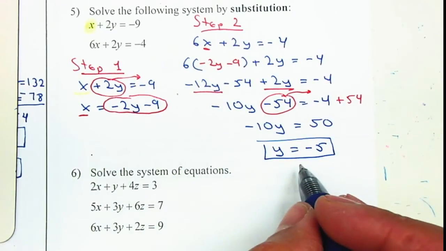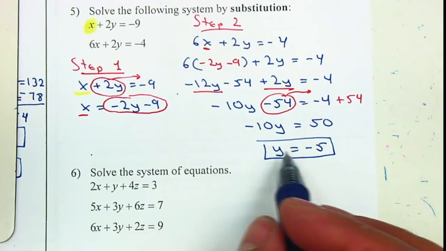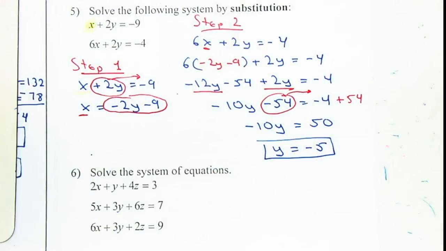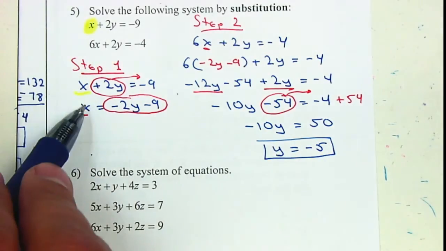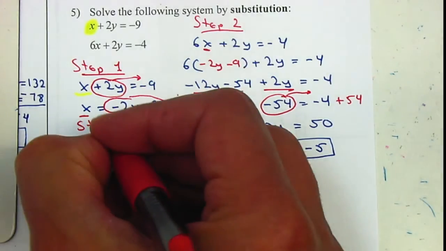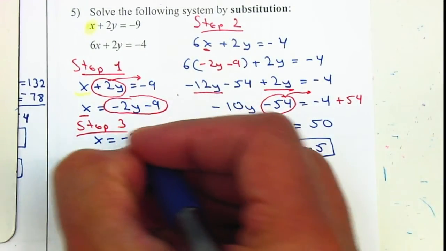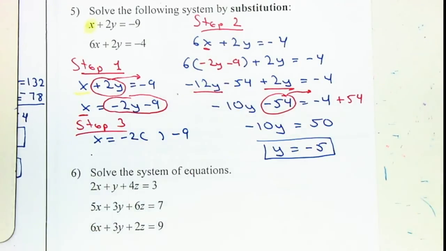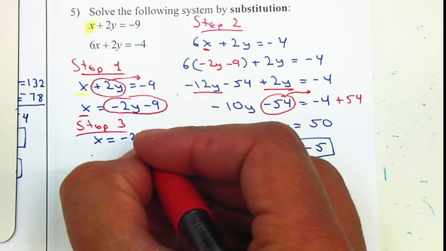I found my y value, so now I need to find my x value. I'm going to find my x value by plugging it into this equation. You can plug into either one of those two, but I prefer to use this one here. So this will be step 3. x is equal to -2, but instead of the y will be -5.